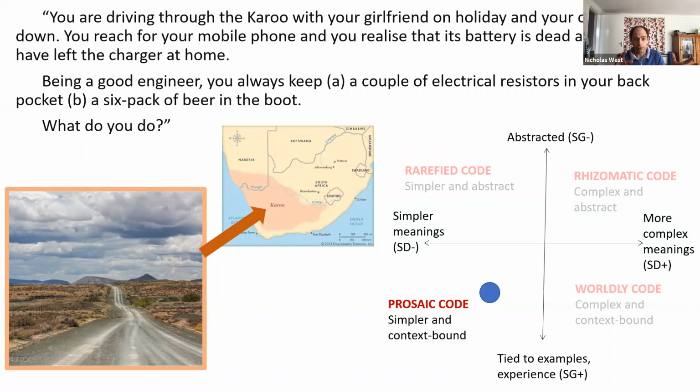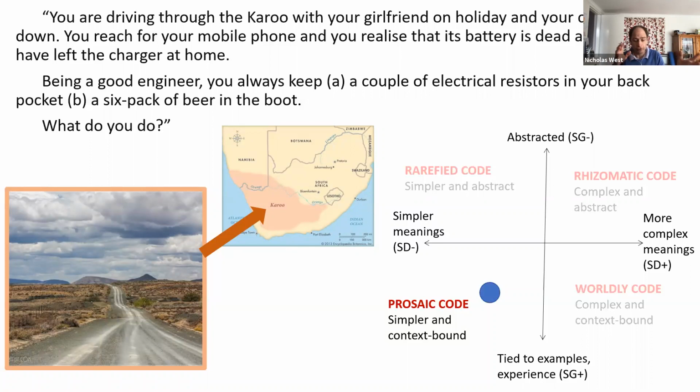In this example, of course, being a good engineer, you always keep a bunch of resistors in your back pockets, and of course a six-pack of beer in the boot just in case. What do you do in order to charge your cell phone whose battery has now gone dead?